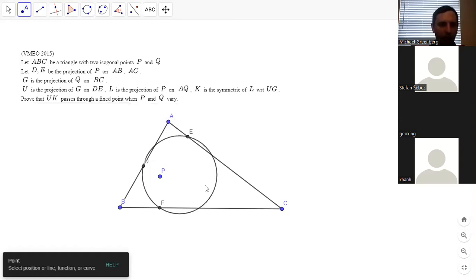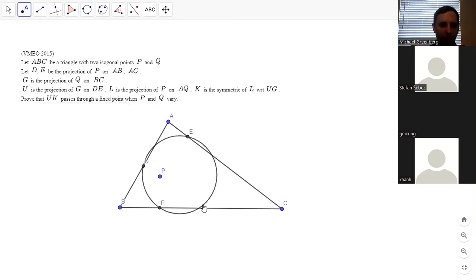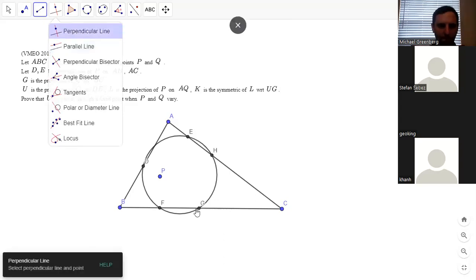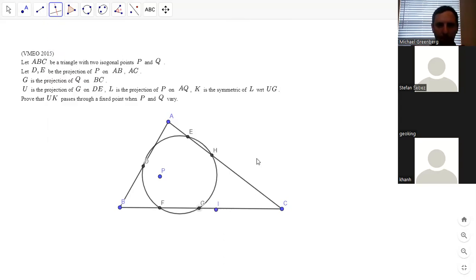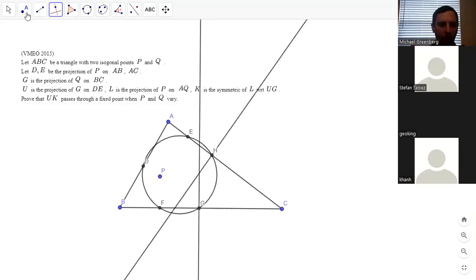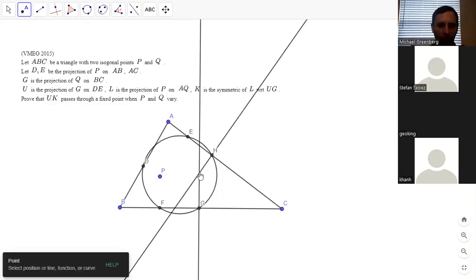Does it ever say the projection of Q? I don't think so. G. Whoops. Okay, so this is Q.